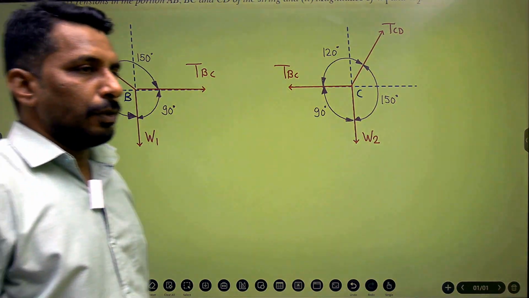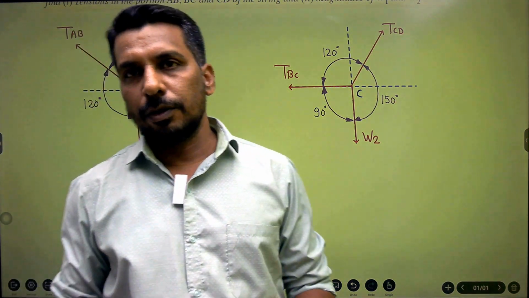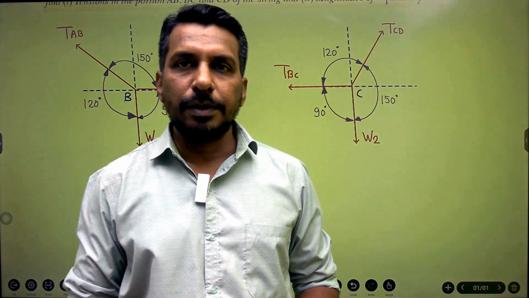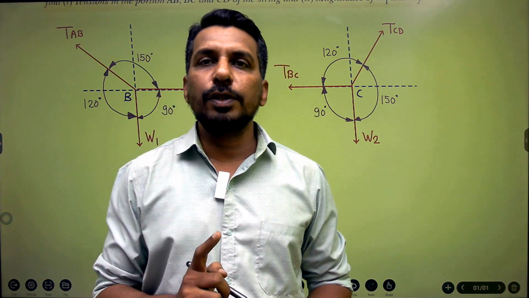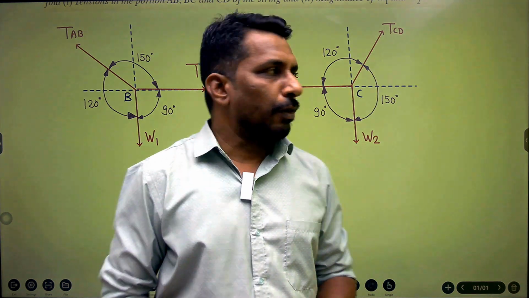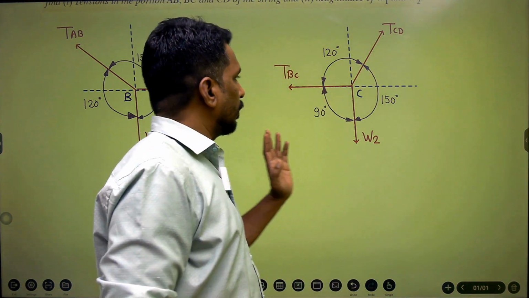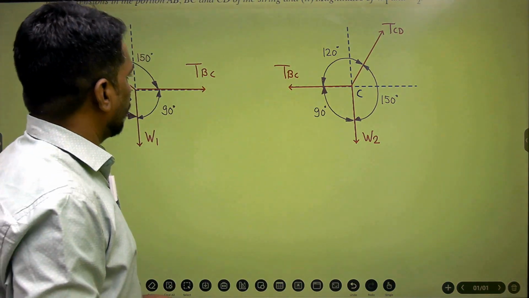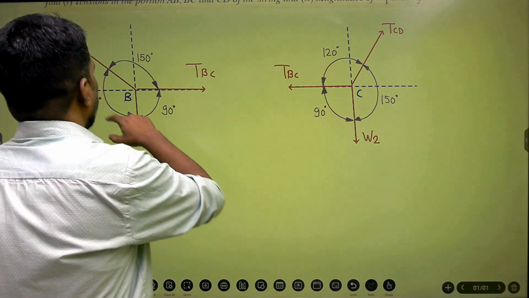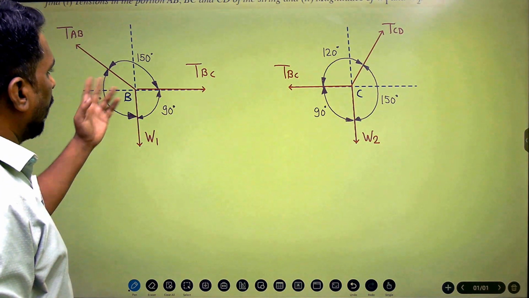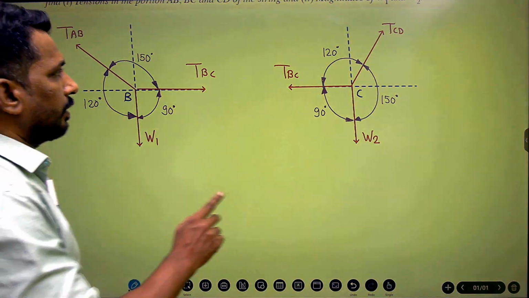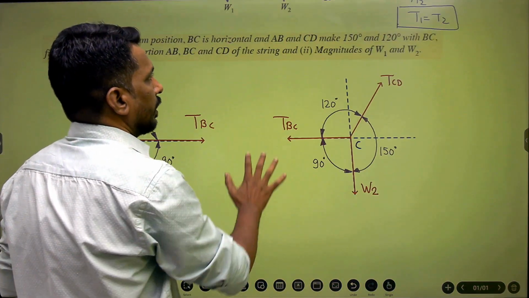Because I already told you, to solve the problem using Lami's theorem, you must know at least one force value and all the angles. Of course, when you see this figure, all angles are known to you, but what about the force? Here at point B we don't have a value of even a single force, but at C we have already calculated.